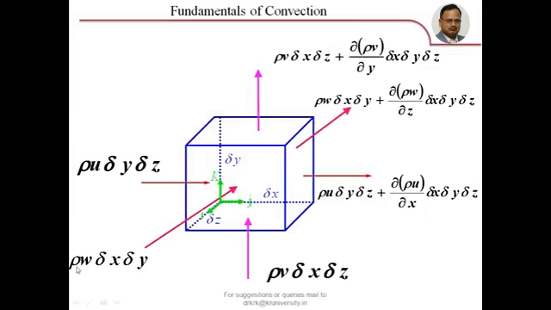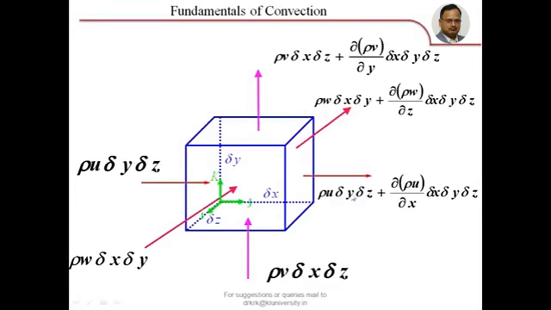Mass entering in Z direction is rho times the area of this plane, del X del Y, into the velocity in Z direction, w. So mass entering in X direction is rho u del Y del Z, and now we have to identify the mass leaving at a distance of x plus del X. That is nothing but mass entering at x plus the rate of change of mass in the x direction over a distance of del x.